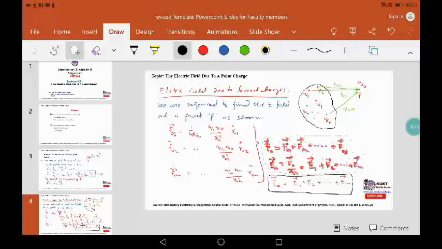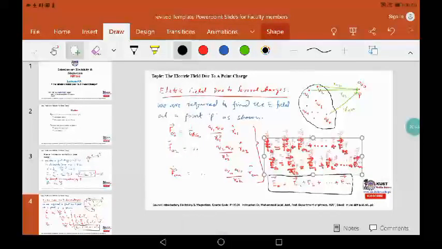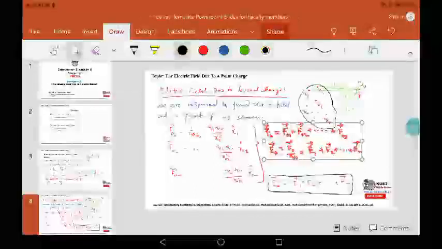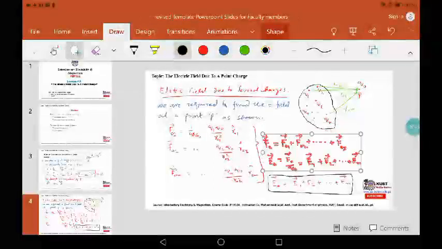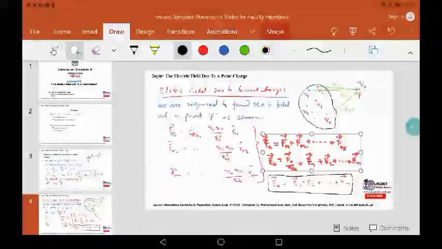Just to make this a bit clear, I move it a bit up to have a little space for this. Yes, so this shows that the electric field also obeys the principle of superposition.